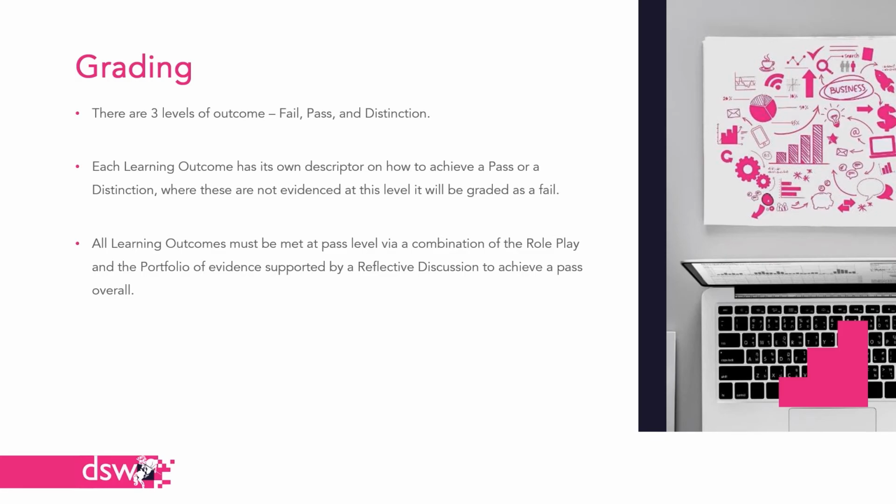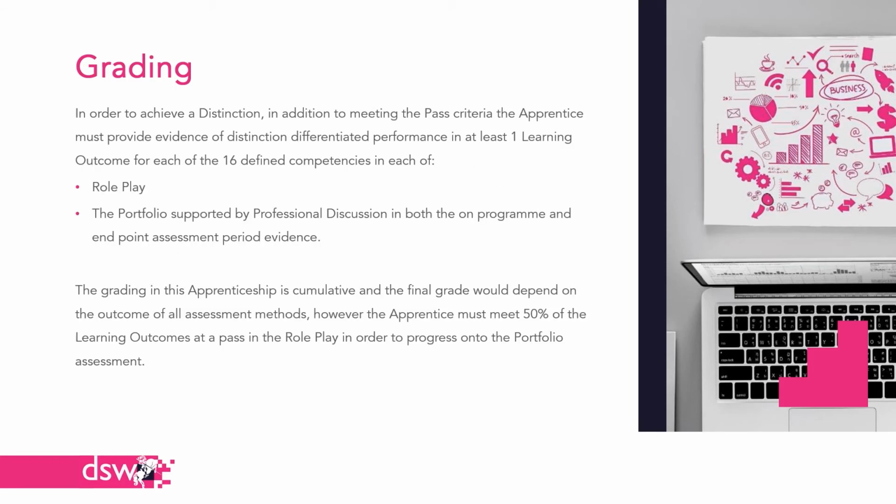All learning outcomes must be met at a pass level via a combination of role play and portfolio evidence supported by reflective discussion in order to achieve a pass overall. In order to achieve a distinction, in addition to meeting the pass criteria, the apprentice must provide evidence of distinction differentiated performance in at least one learning outcome for each of the 16 competency areas in both the role-play and portfolio-based professional discussion in both on-programme and post-gateway evidence.